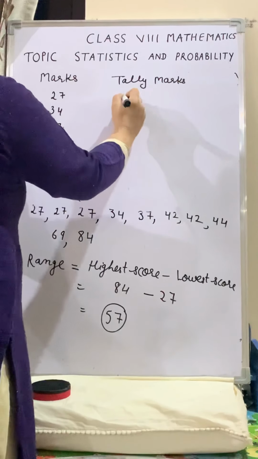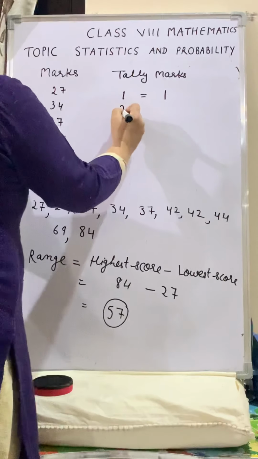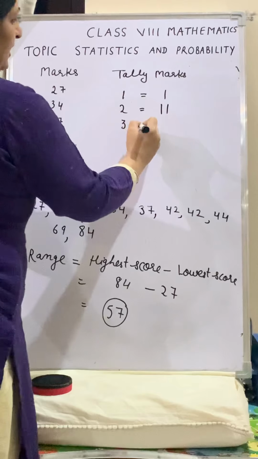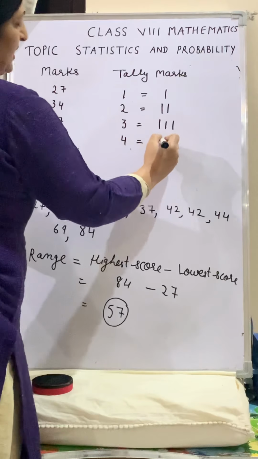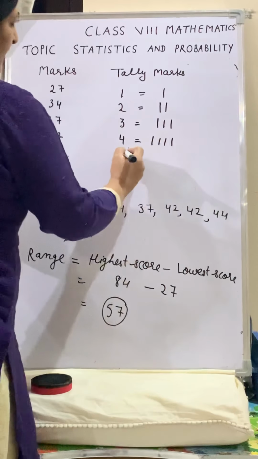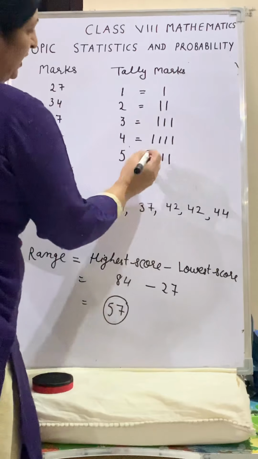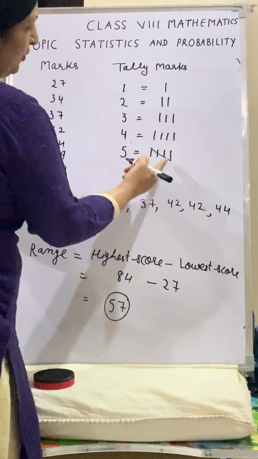We write 1 as one stroke, 2 as two strokes, 3 as three strokes, 4 as four strokes, and for 5 we cross the four strokes from top to bottom.